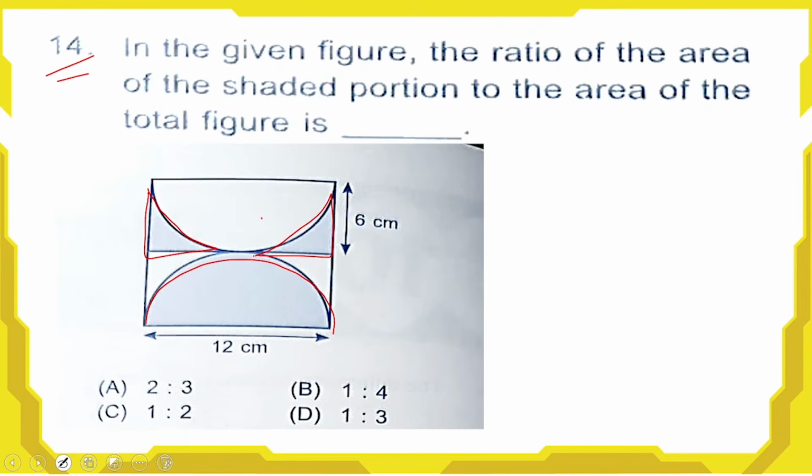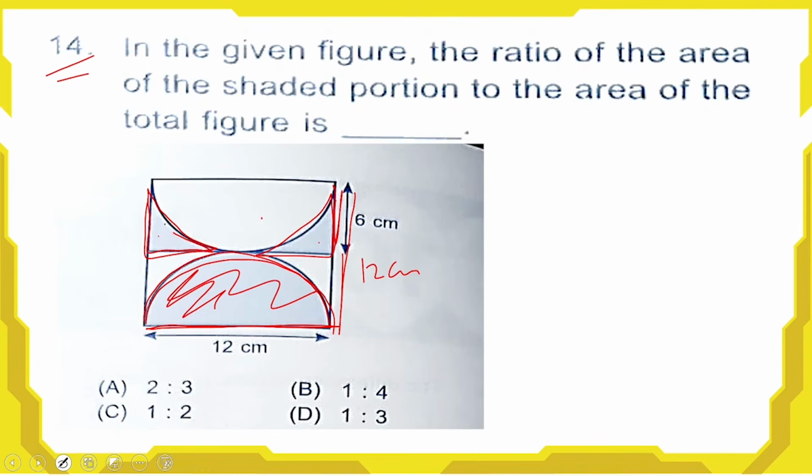Look at the figure. This is a square. How can you find this is a square? Look at this. This edge is 12 centimeter and half of this edge is 6 centimeter. It means the total part here is 12 centimeter again. So it means it is a square when all sides are equal. You can see here the half circle is shaded. Here half circle is empty but other edges are shaded.